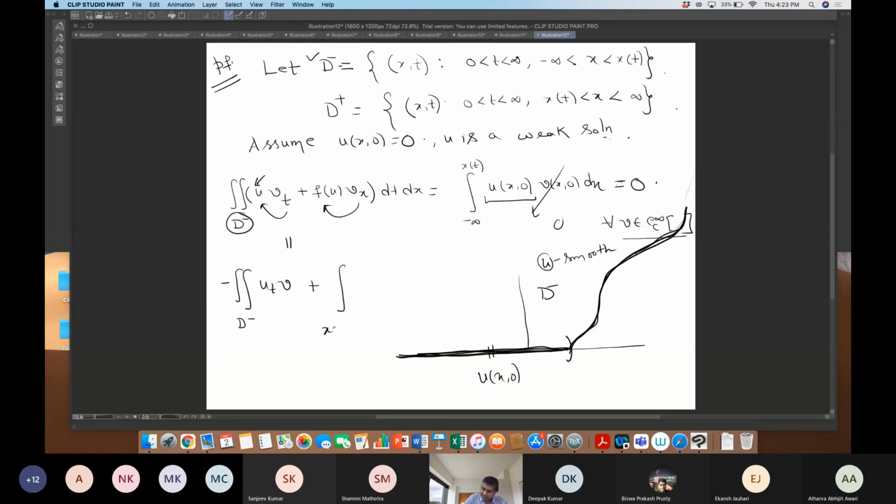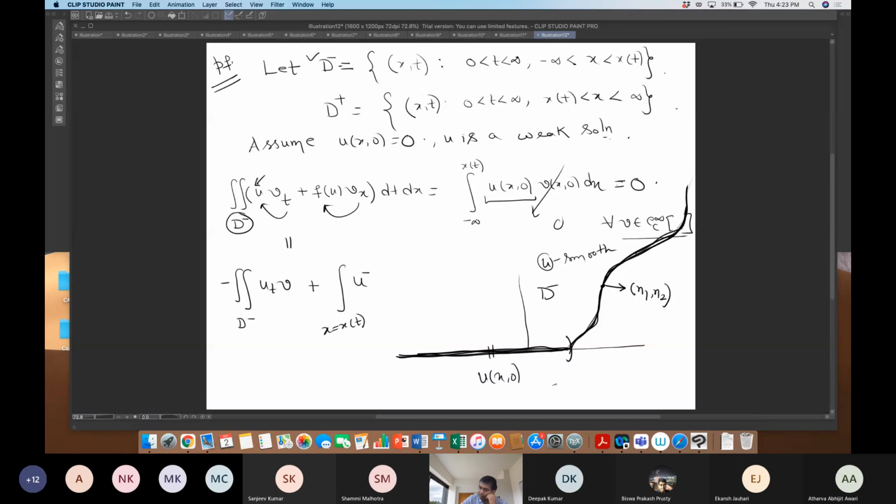So this is x equal to xt. The boundary term comes only with this. This is the boundary term. What will happen? U minus on the boundary, what is the value? So this is the unit normal, eta 1, eta 2, the outward unit normal at any point.